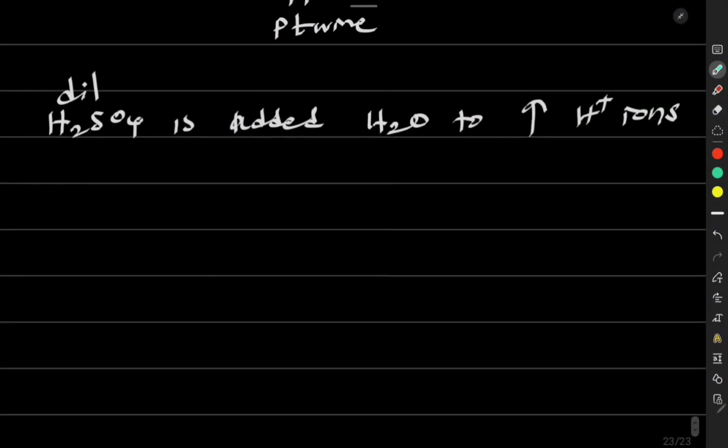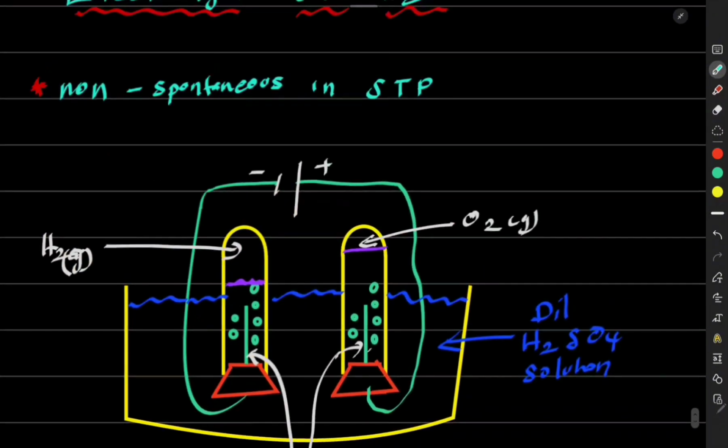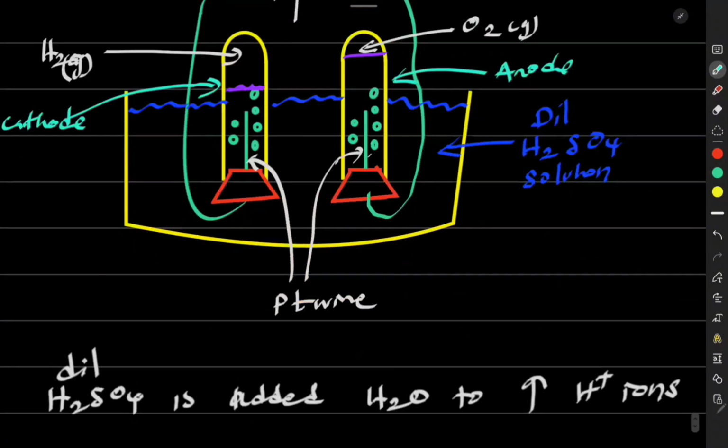Now let's look at the reactions at the anode. The anode means the positive electrode, the electrode which is connected to the positive terminal, and this is the cathode, which is connected to the negative terminal.